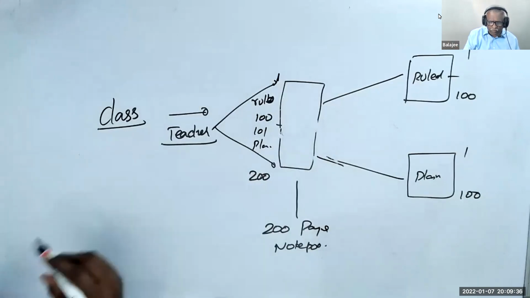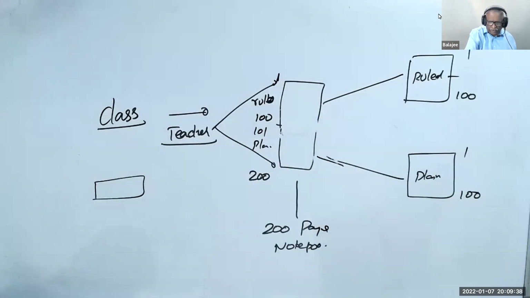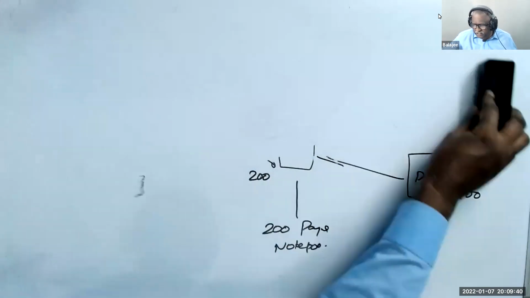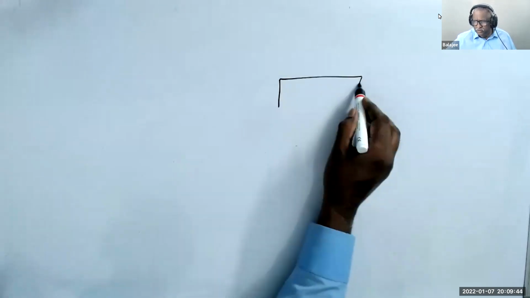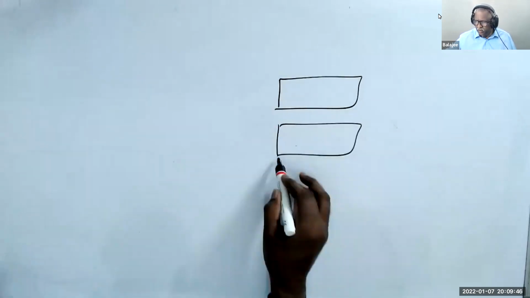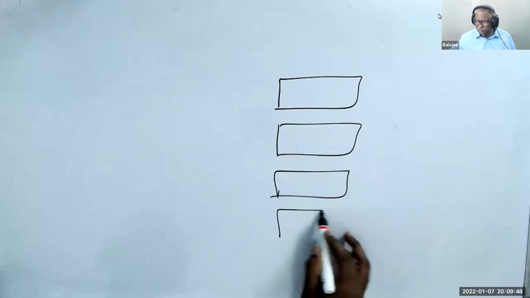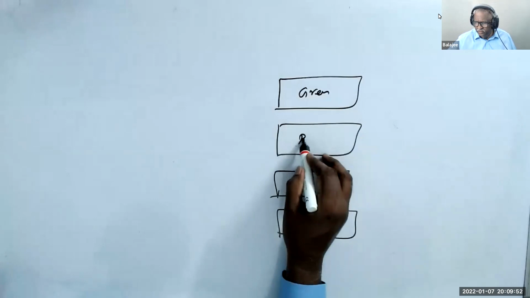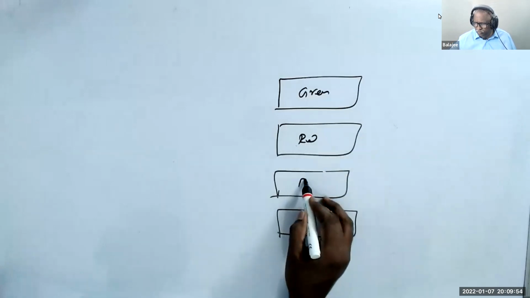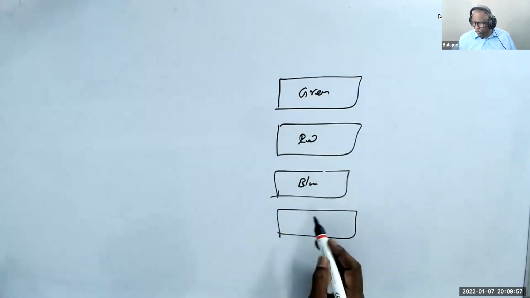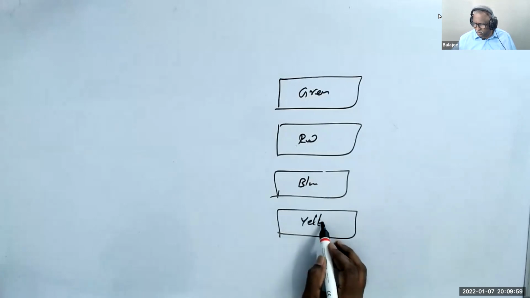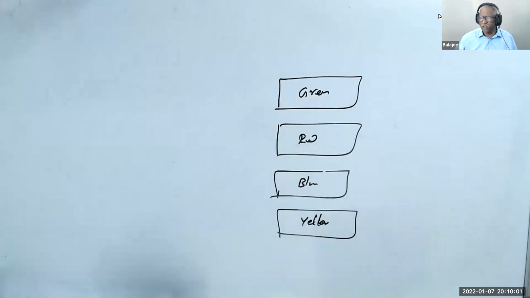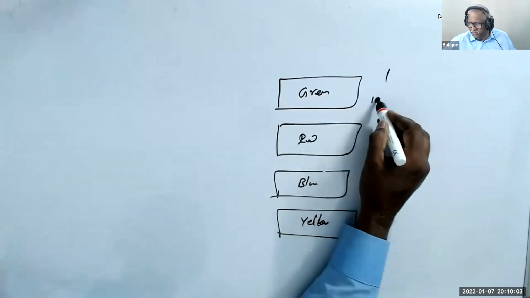How do you stack multiple notebooks? Let us put it in another simpler form. I have 4 notebooks. One is green, one is red, one is blue, one is yellow. 4 colors, and each one is 100 pages.